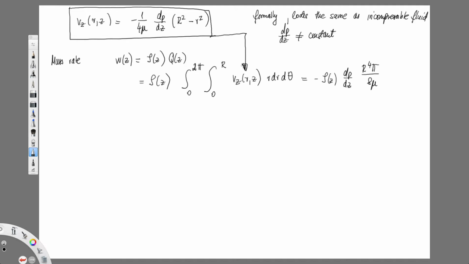When I look at the integration, formally it looks the same as for incompressible fluid. It integrates the same because dp/dz depends on z, but it doesn't depend on r, and I'm not integrating over z, so I'm good. Does it make sense?